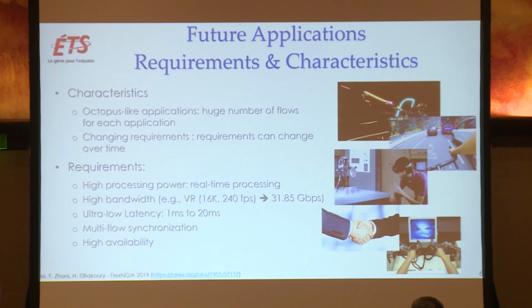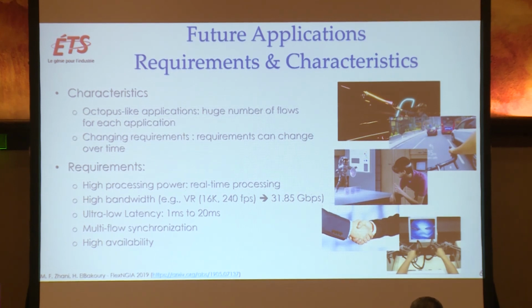If you would like to implement this, for sure we will need high processing power, right? We need to process in real time all the traffic coming from those sources, compiling those holograms, compressing data, and so on. So we need real-time processing.